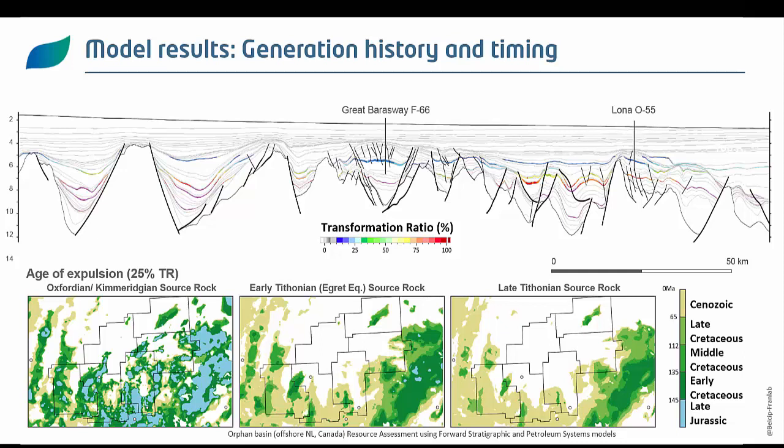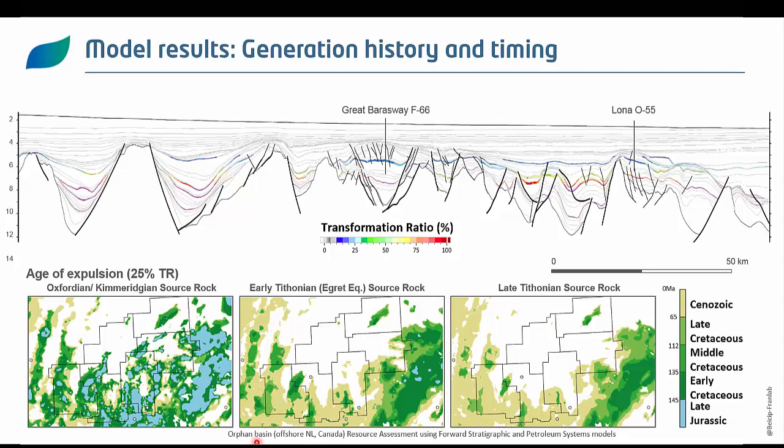Something more interesting, with maturity comes transformation, expulsion, and eventually migration. So you have here the same section as before, showing the transformation ratio for the different source rock levels. You can clearly see that on the side of both wells, down deep, the source rock have transformed and expelled. The maps below show the timing at which a source rock has passed 25% of transformation ratio, so basically when it started to expel.